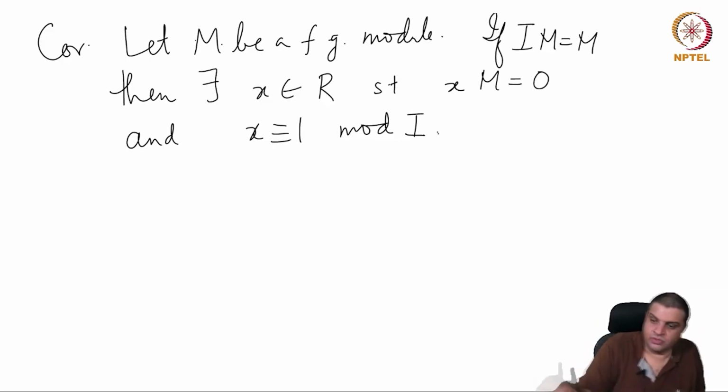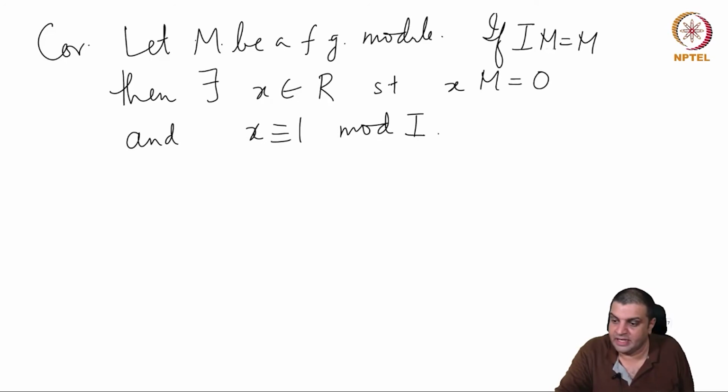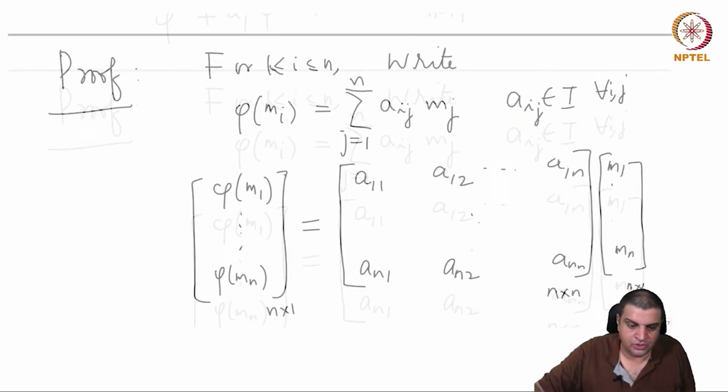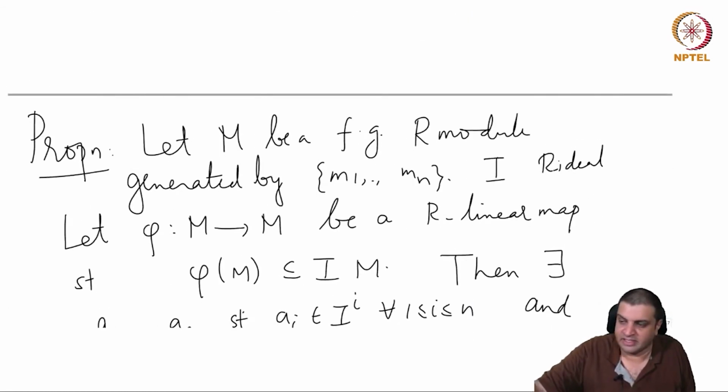Proof. We need to understand the condition M equals phi M in terms of the determinant trick. This proposition is called the determinant trick. So we need to understand M equals IM in this context. The map that we have to consider is the identity, so phi equals identity.